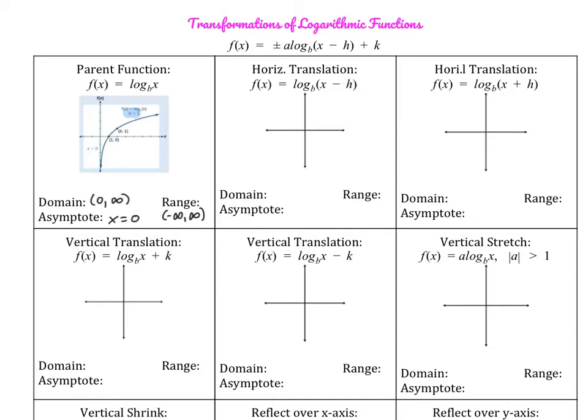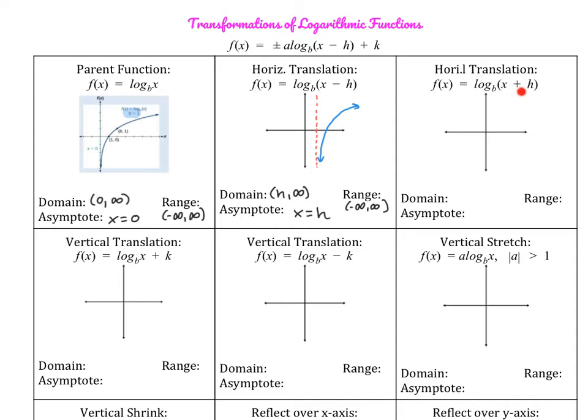So not only would our graph shift to the right, like this, but our vertical asymptote would also shift to the right by however many units h is. So now our vertical asymptote is now at x equals h. Again, however many units we shifted to the right, and that means our domain is from h to positive infinity, and the range would still be all real numbers.